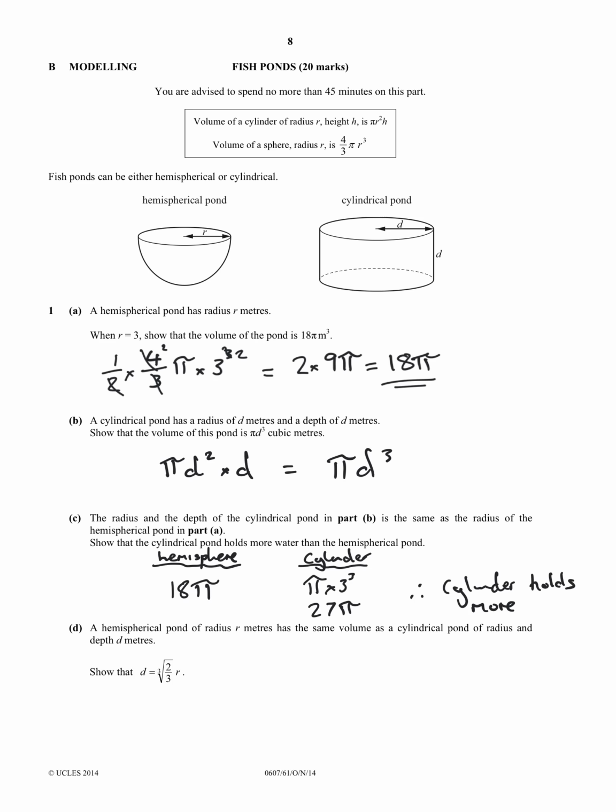Okay, part D. A hemispherical pond of radius r has the same volume as the cylindrical pond of radius and depth d. So now what we need to do is set them equal to one another because they've got the same volume. That's the key bit of information here. So we know pi times d cubed needs to be equal to half of 4/3 pi r cubed.